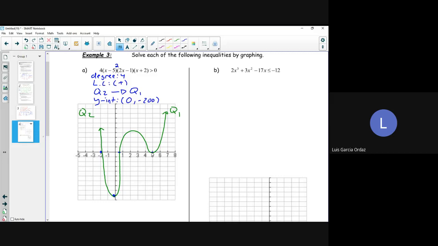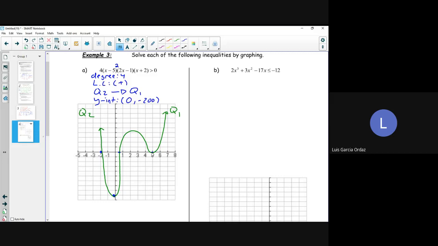Now that we've graphed our polynomial function, we need to visually look at it and ask, where is this graph greater than 0? Just by looking at it, when it's bigger than 0, it's above the x-axis.